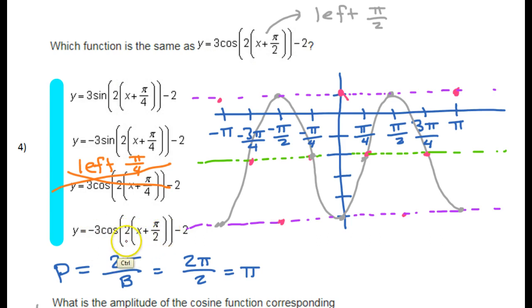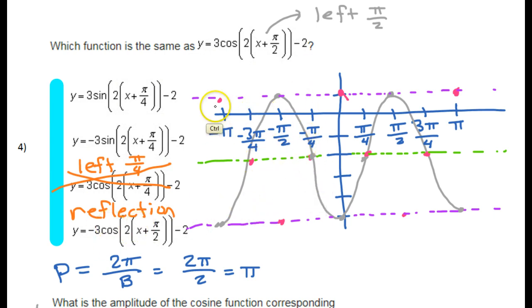Okay, now let's look at the bottom one. What's the difference? The only thing that changed is this one has a negative sign. All right, so this one would be a reflection, okay, over the x-axis. This one would be upside down. That would be the only difference.